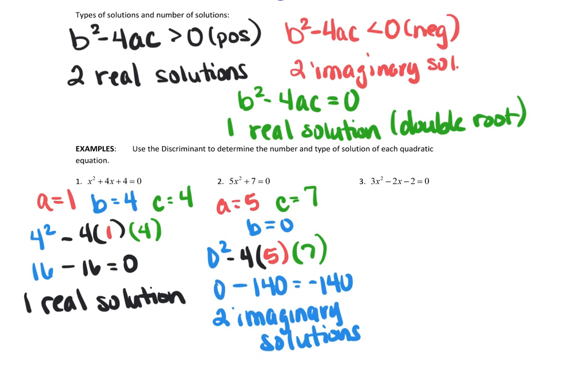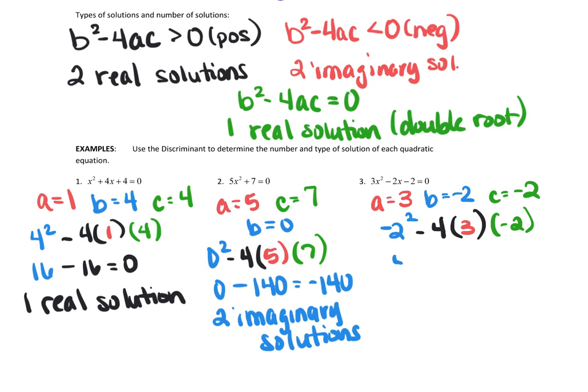And the last one, a equals 3, b is equal to negative 2, and c is also equal to negative 2. So we go ahead and work our b squared minus 4ac, so we get negative 2 squared minus 4 times 3 times a negative 2.